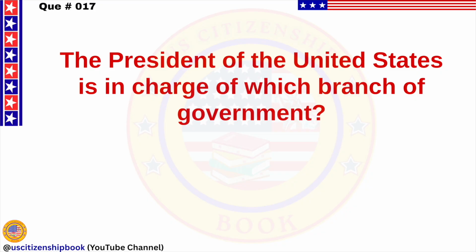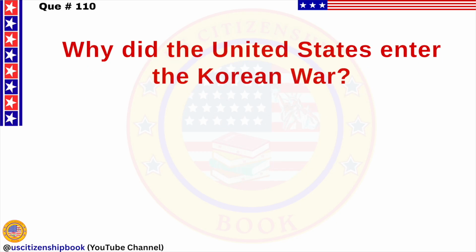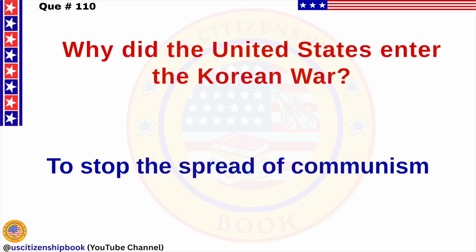The President of the United States is in charge of which branch of government? Executive branch. Why did the United States enter the Korean War? To stop the spread of communism.